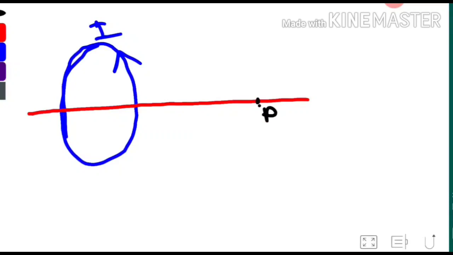For finding this magnetic field, we have to consider a small portion, delta L, according to the Biot-Savart law.